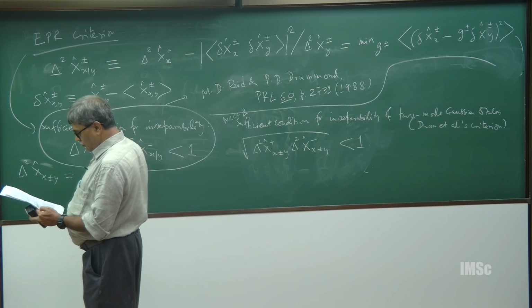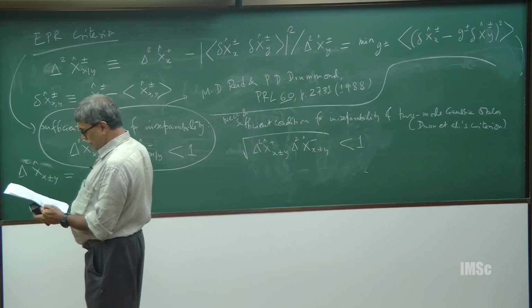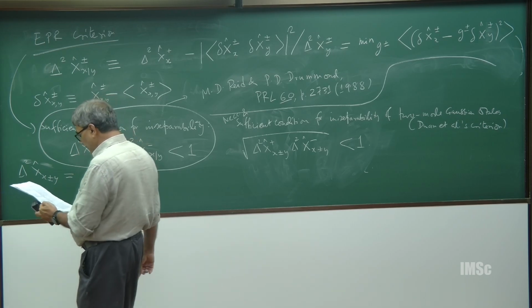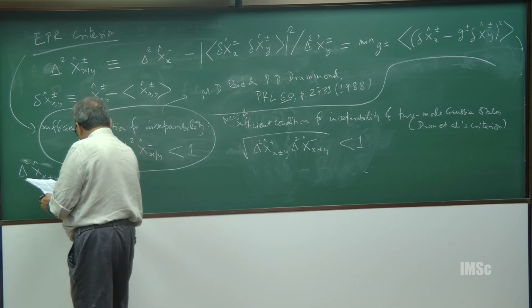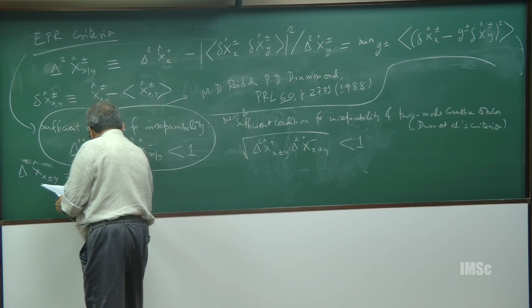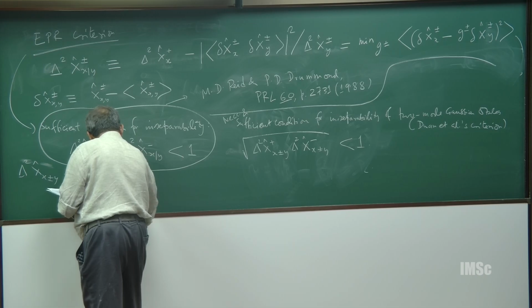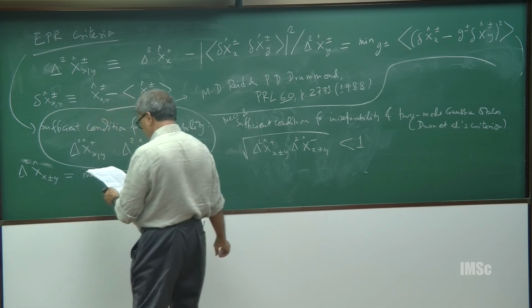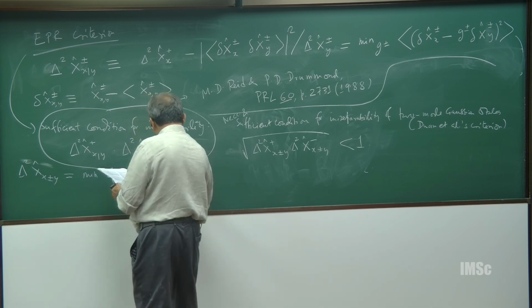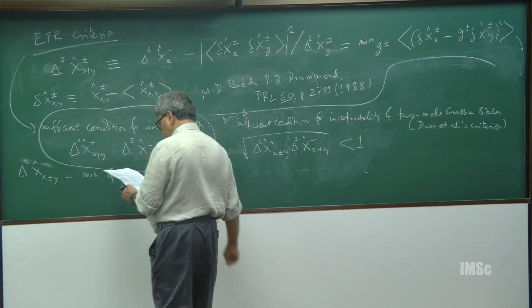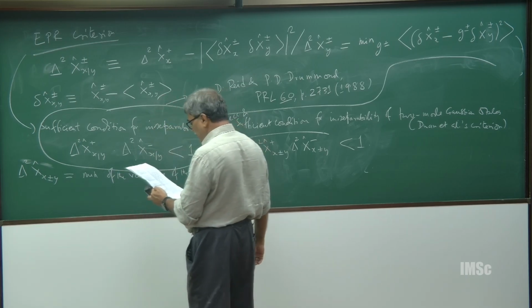Okay, let me see how to put it in that way. It says that this is the minimum of the variance of the sum or difference of the operator between beams.